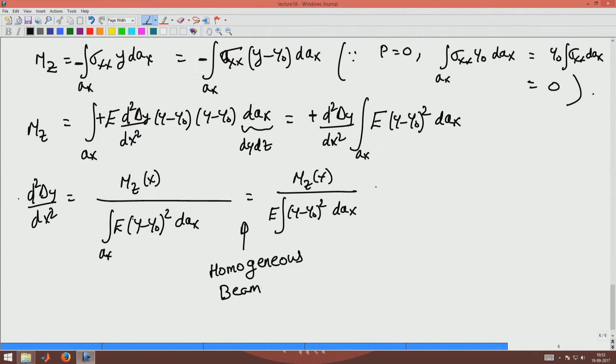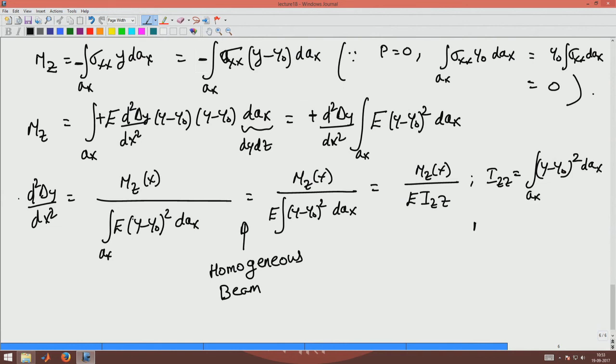Okay. So, now what is this? This is nothing but Mz of x divided by E times Izz, where Izz is given by the integral of (y minus y naught) whole square dAx over A of x.